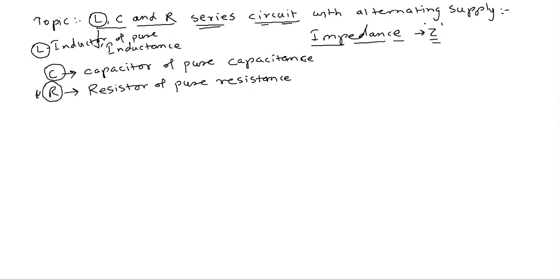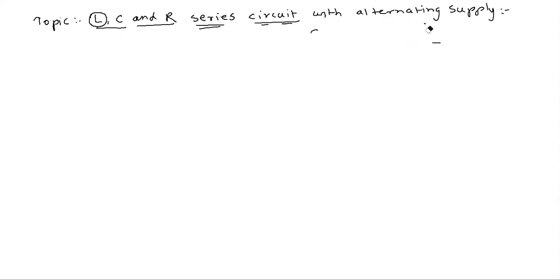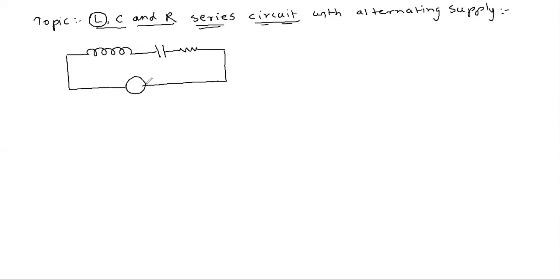So let us proceed now for the LCR series circuit, in which we are going to connect the inductor of inductance L, capacitor of capacitance C, and resistor of resistance R. The diagram will be like this: L, C, and R, and we have applied here the alternating supply.